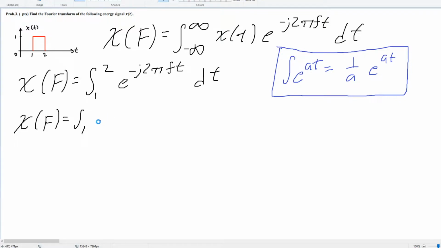Actually we are solving out the integral, so this goes away, and it becomes negative 1 over j 2 pi f times e to the negative j 2 pi ft from 1 to 2. Right? So you can see that these are very similar. The only thing is that there's a negative here, so that'll just go on the outside over here.